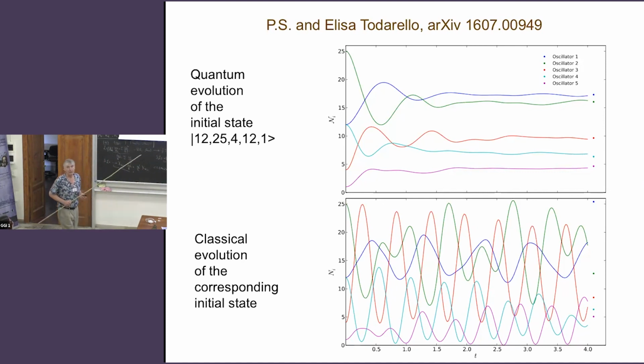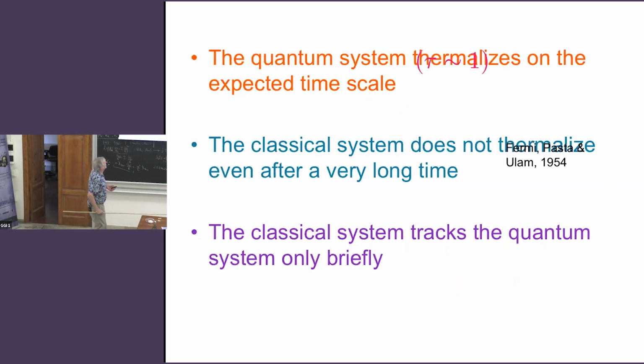The classical evolution tracks more or less the quantum evolution in the sense that this line, for example, goes down, and this line also goes down in a similar way, and so forth, on a time scale roughly of order the relaxation time scale, but then it differs, as one should have expected. So the quantum system thermalizes on the expected time scale. That's what we learned. The classical system, as it turns out, does not thermalize even after a very long time.